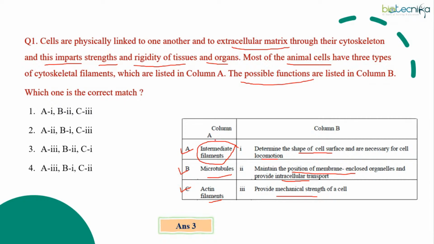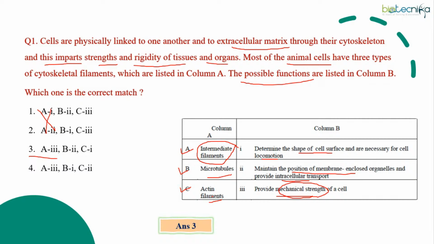But intermediate filaments do not have that role. They just provide the mechanical strength of a cell. So you can easily opt for this option and eliminate the first and second options. Now there will be a tug of war between 3 and 4.